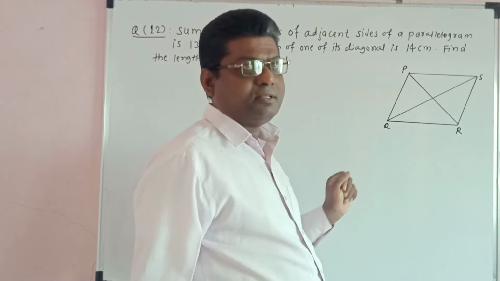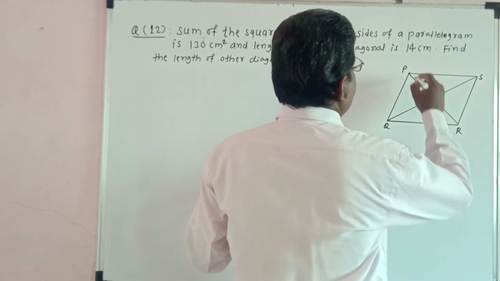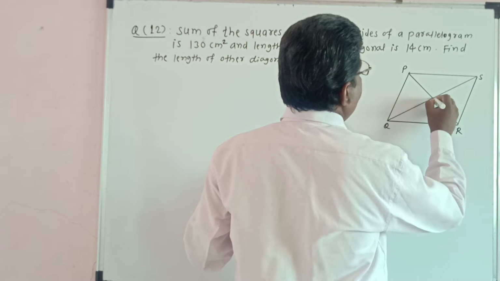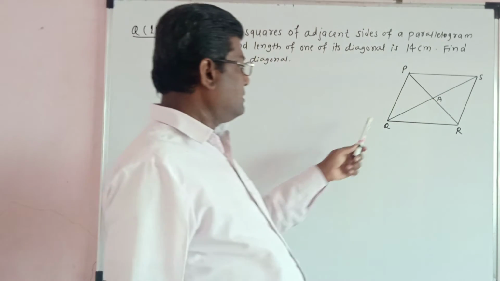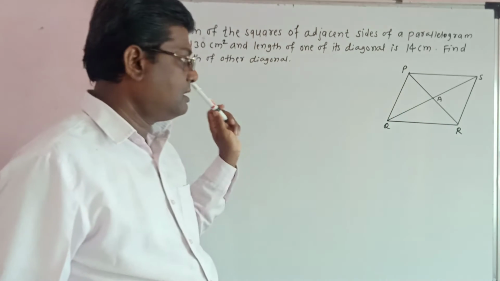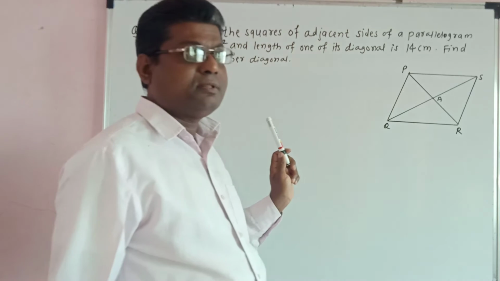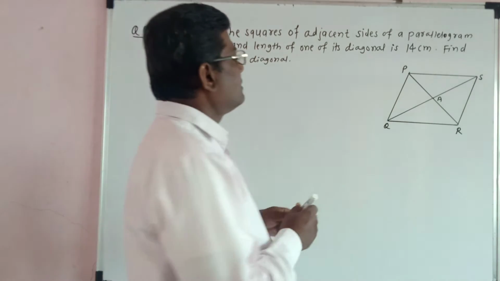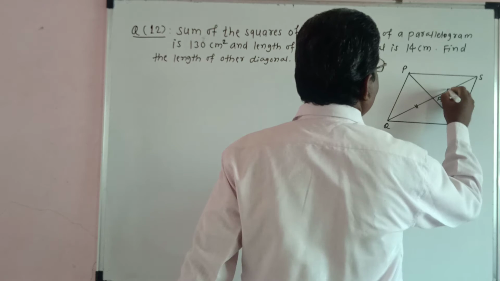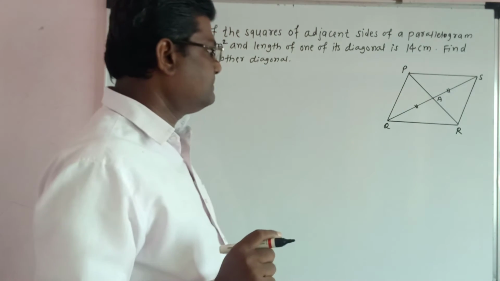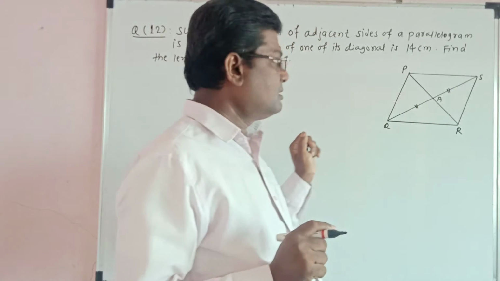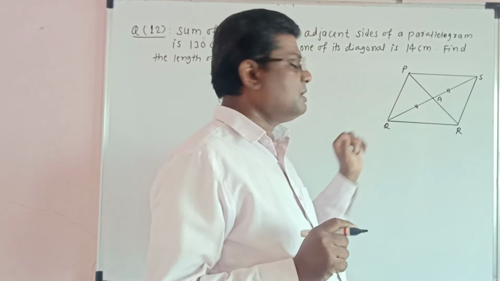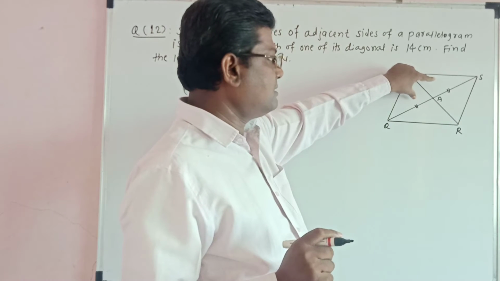Let PQRS be a parallelogram and the diagonals PR and QS intersect at point A. Let QS be 14 centimeter. Therefore, QA is 7 centimeter.